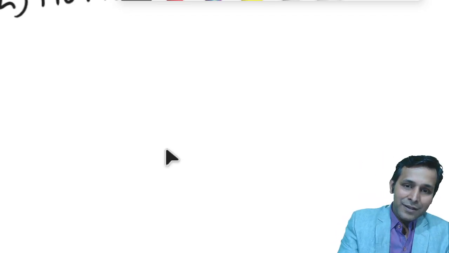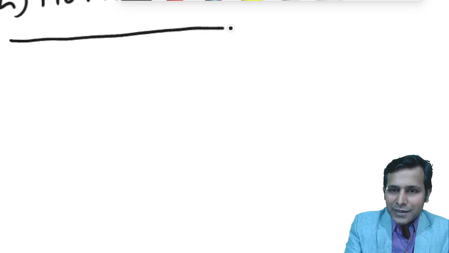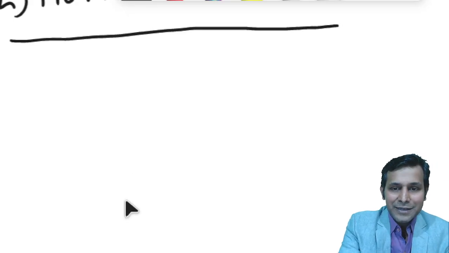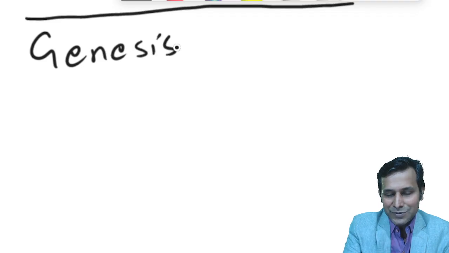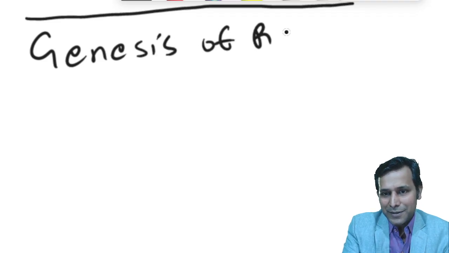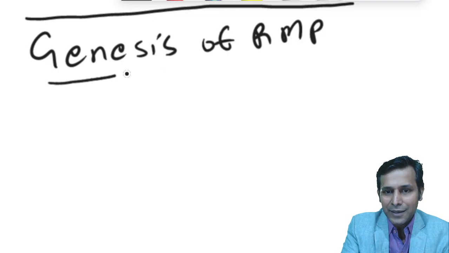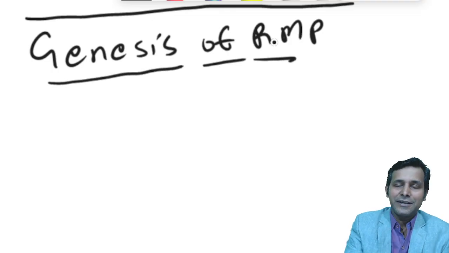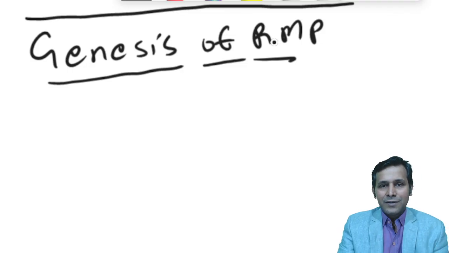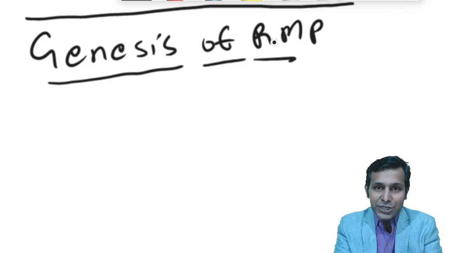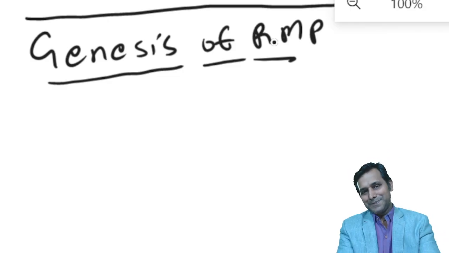So to understand those clinical conditions, we need to understand the genesis of RMP, how RMP is generated. Remember, RMP is generated. It is not by default. The RMP is generated and maintained inside the cell.